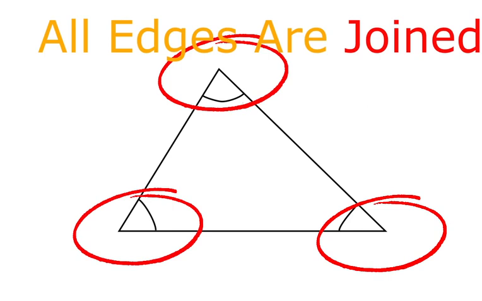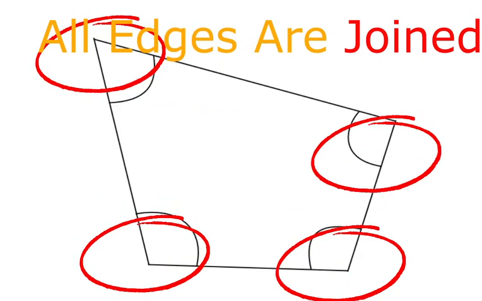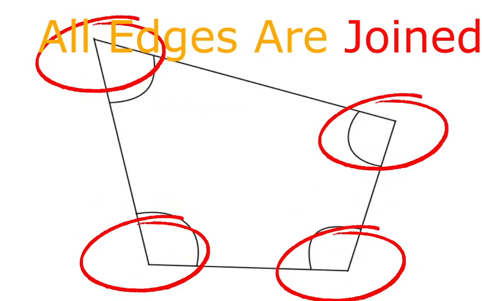And that's the same with a quadrilateral. Each side of each edge is joined to another edge. So essentially, triangles, squares, and any kind of shape where one edge is joined to another is a polygon. And I guess the list of them is endless.